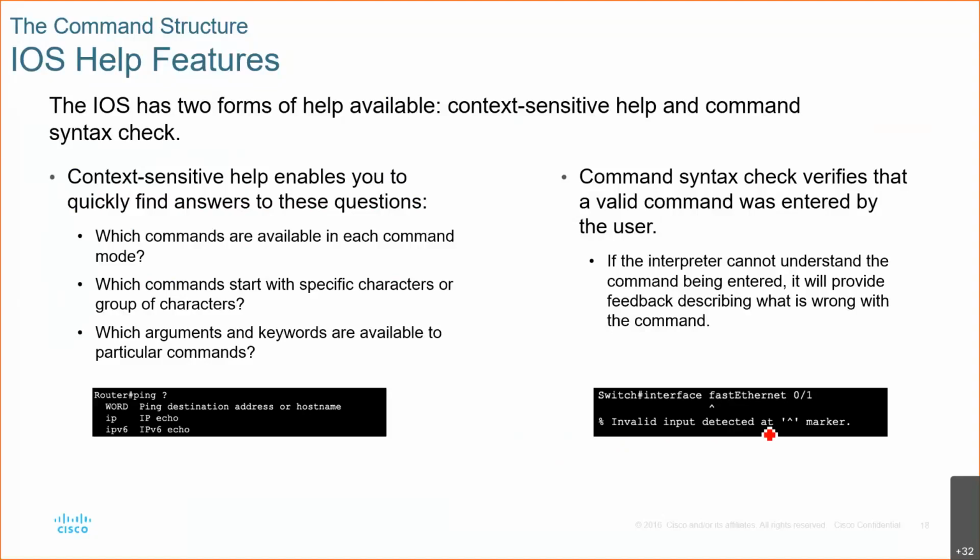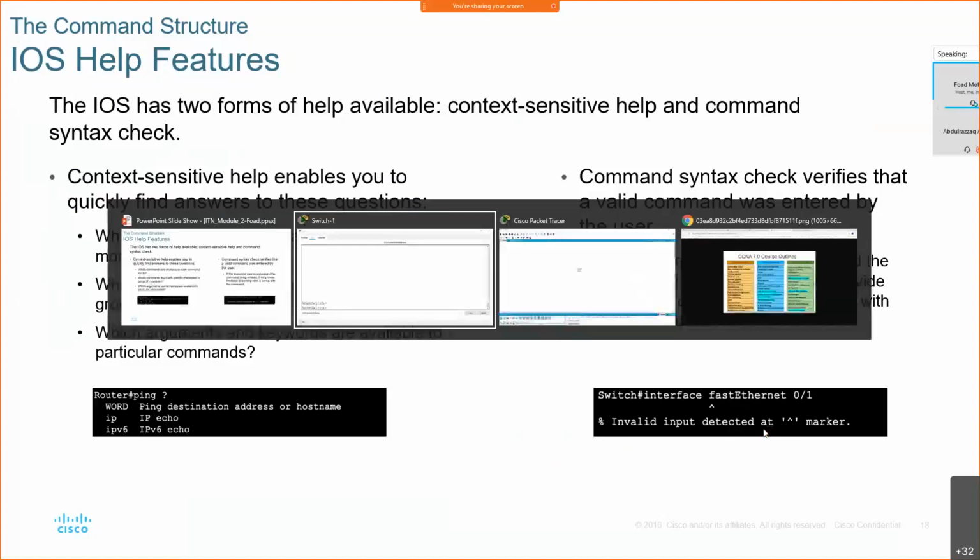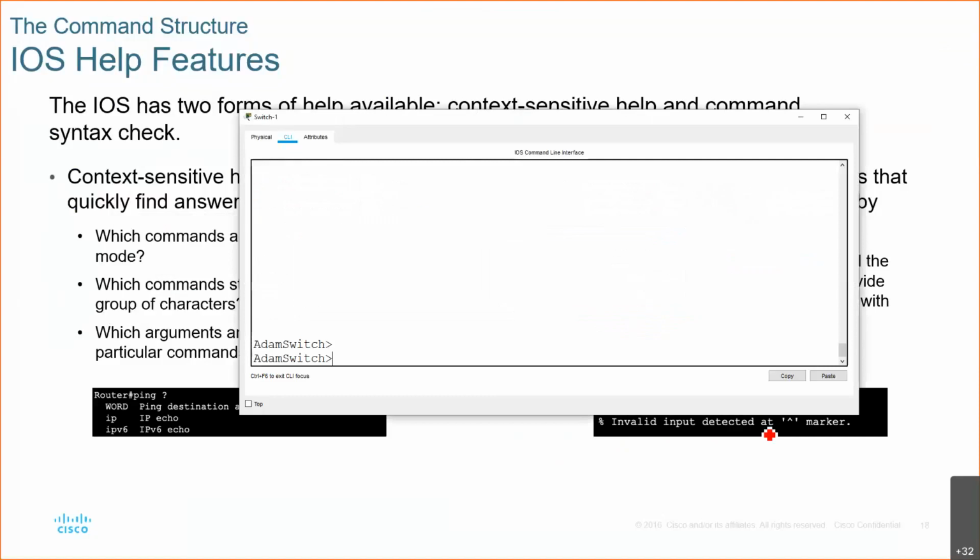Now, you don't have to type. Even in Packet Tracer, I'm not going to type. I just use the up arrow key and it has the history of all my commands. For example, I type enable. Now, when I press the up arrow key, all the history of my previous commands can be shown.